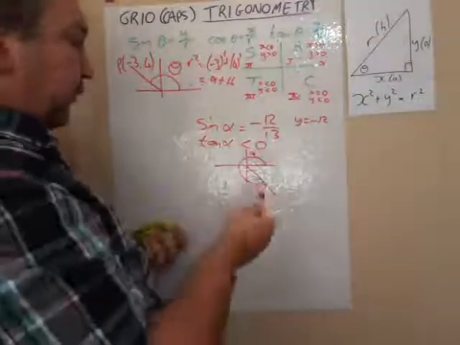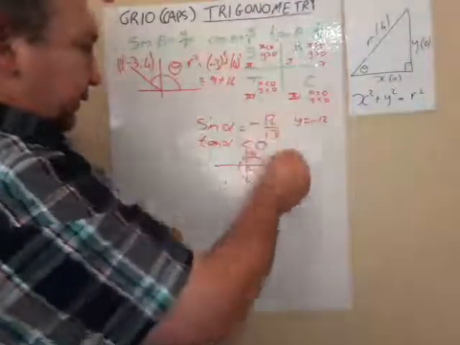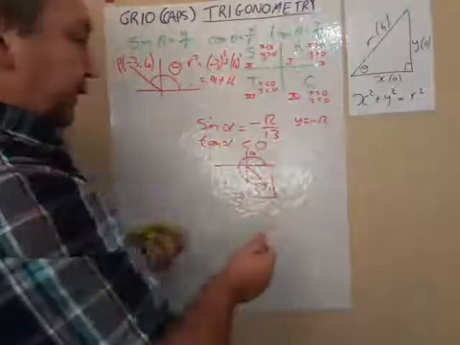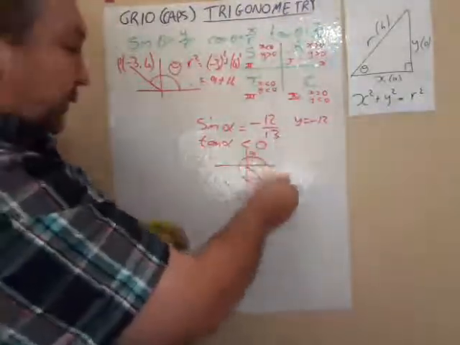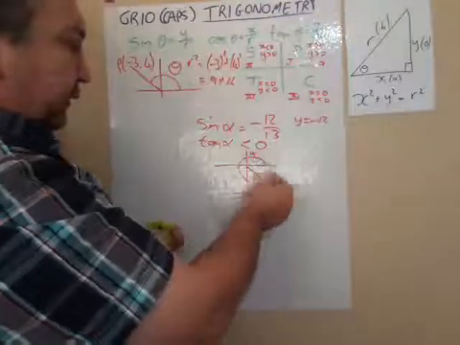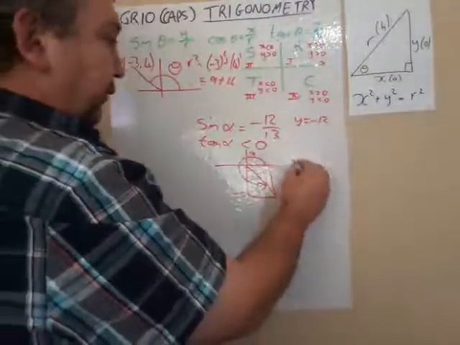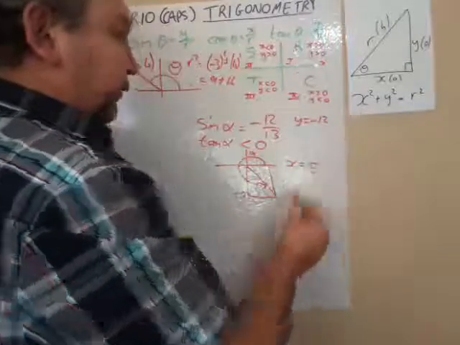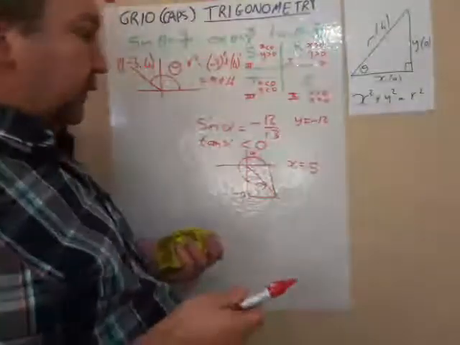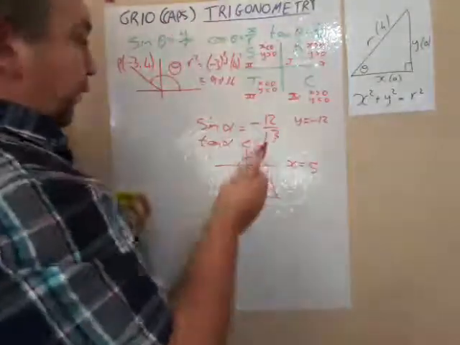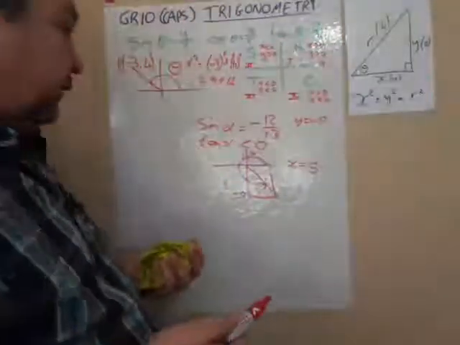So what information do we have? The y will be minus 12 and x will be a positive number because it's in the fourth quadrant. And using Pythagoras, we will calculate that x is equal to 5. I will leave that to you. Now we can go and define some ratios.